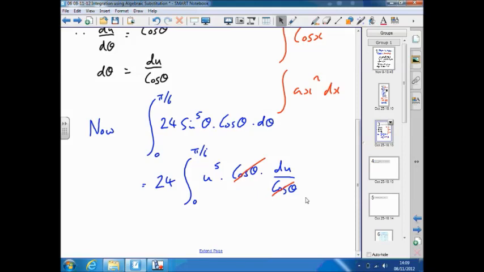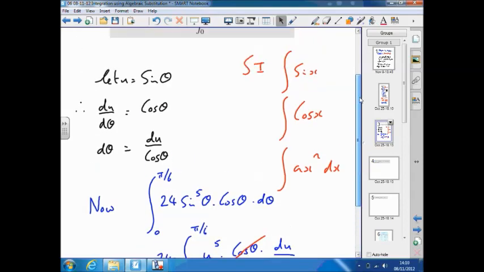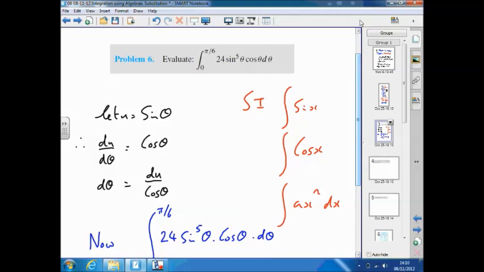So this method works because there's a cos theta there that cancels out with our cos theta in the original one. In other words, the fact that this cos theta is there in the original question means I can use this substitution. If it wasn't there, if it was just integrate 24 sine to the power 5 theta, I couldn't use this method. I'd have to use something else. And I'm labouring this because this is what starts to happen with integration.